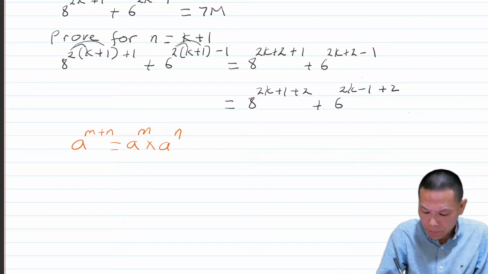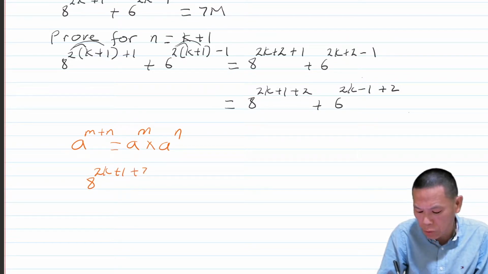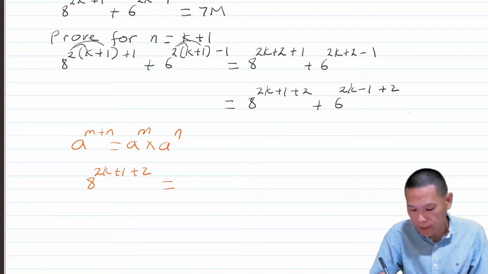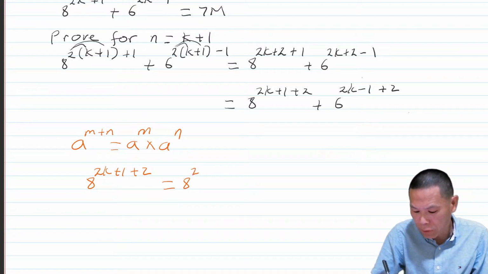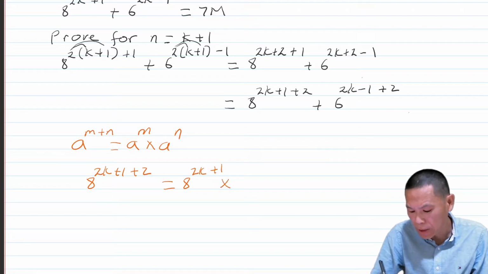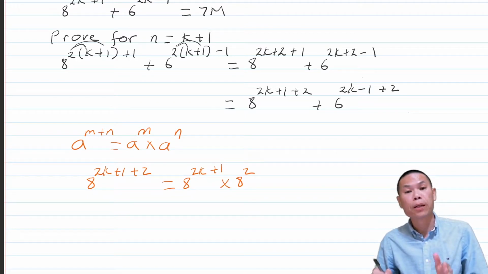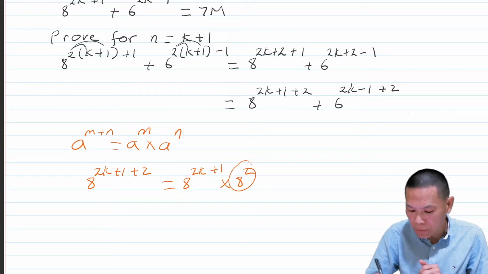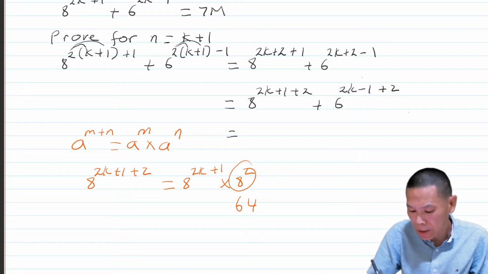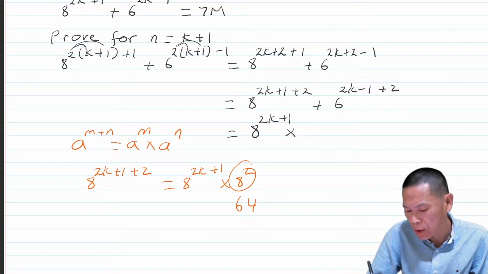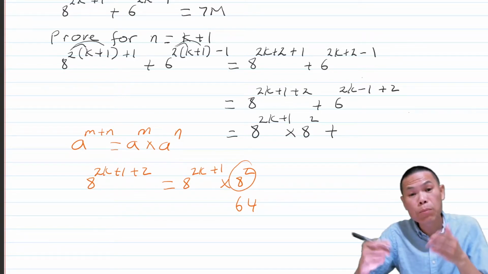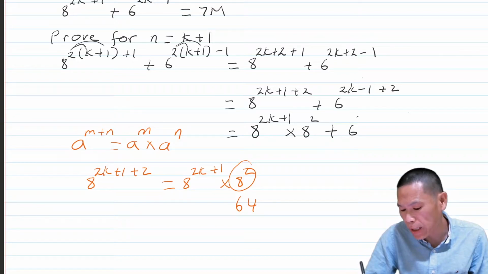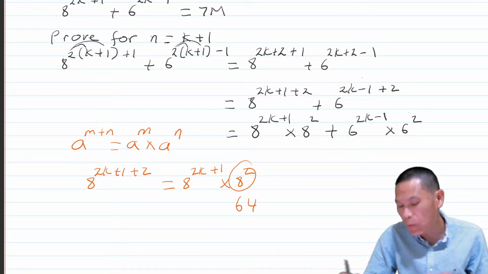In other words, 8 to the power of 2k plus 1 plus 2 is exactly the same as 8 to the power of 2k plus 1 times 8 squared. And similarly this one is exactly the same, times 6 squared.